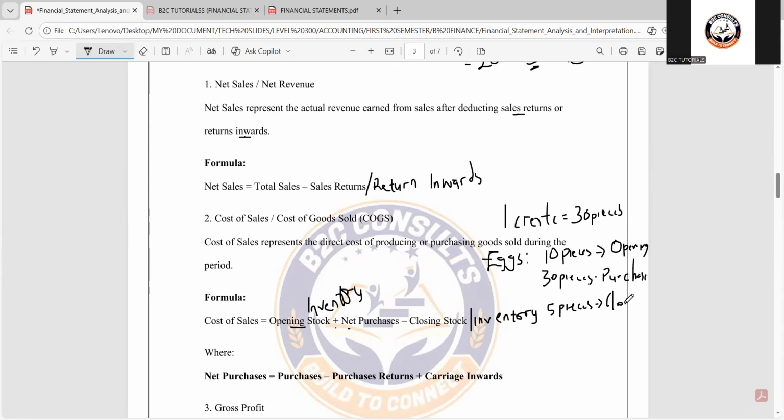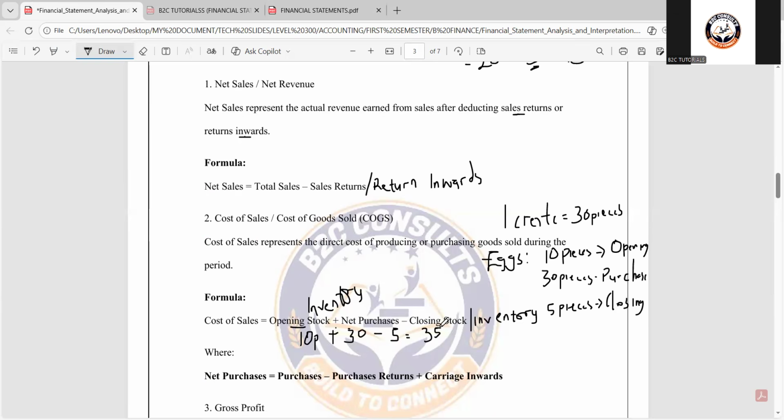So it is the number of eggs I began with today, which is 10 pieces, plus my purchases, which is 30 pieces, minus our closing inventory, which is 5. It means that I was able to sell 35 pieces within the day.